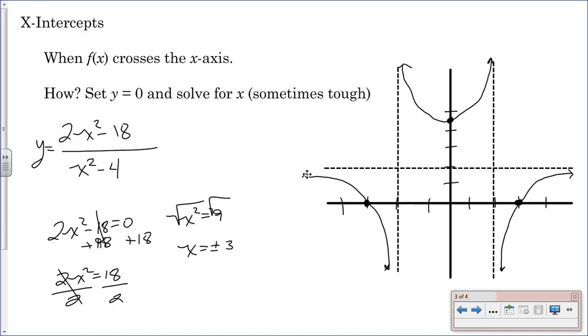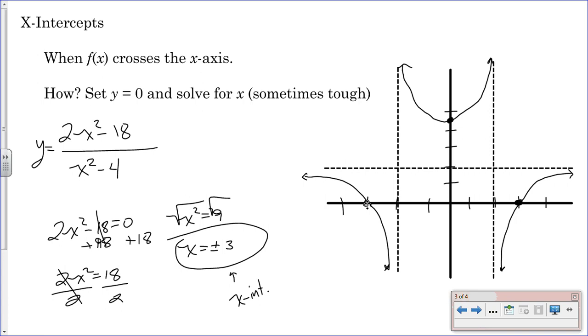Get a little better drawn on this thing. All right, because we know that these are x-intercepts. We know those are our x-intercepts. And again, I did this one kind of quicker, but normally what you would want to do is test for things like concavity and other features like that.